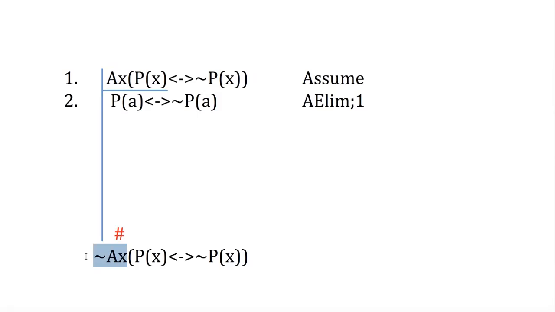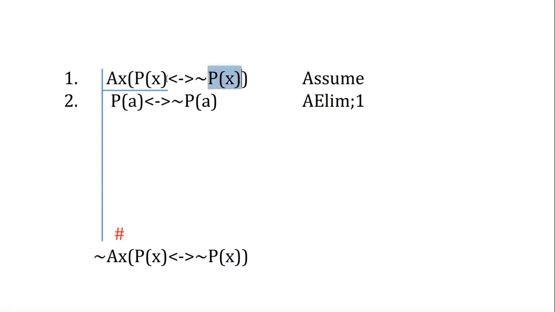But this is not a universal conclusion, remember. We can't possibly do universal intro to get this because this is not a universal. It's a negation. Remember, it's all about the main connectives. So don't be fooled by seeing this universal quantifier down here. So there is no reason to be declaring an arbitrary name N anywhere in this proof.